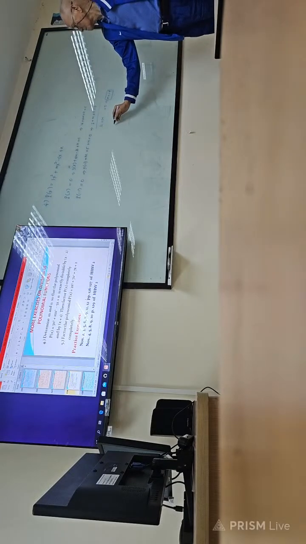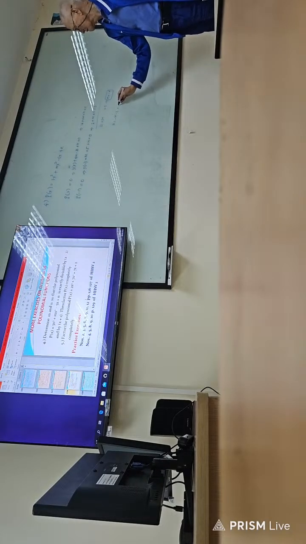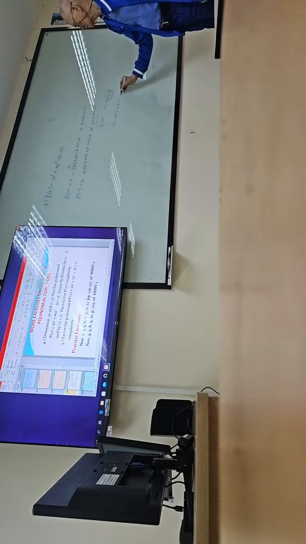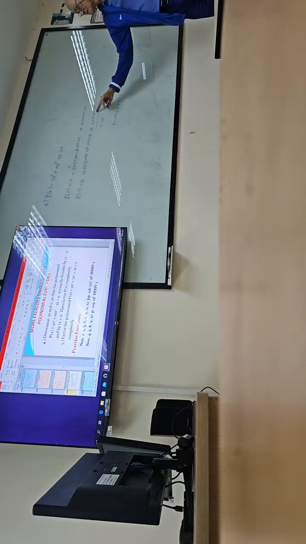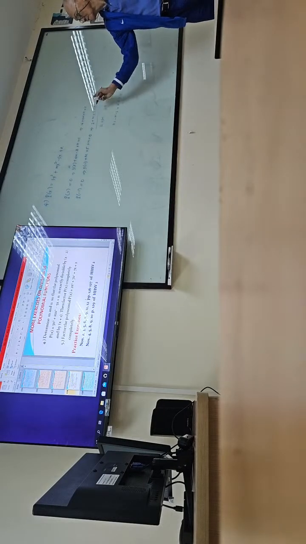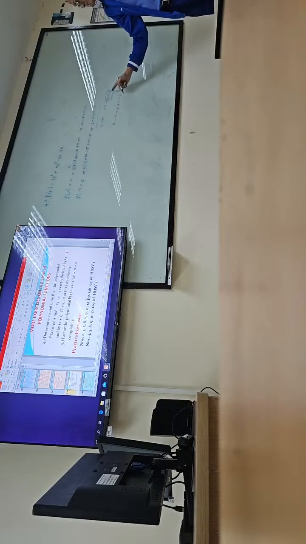When m is equal to −4, n is equal to −m − 2, which is 4 − 2 equals 2.